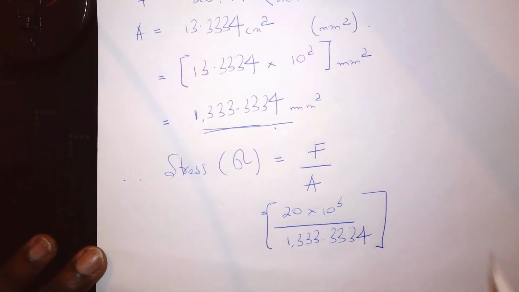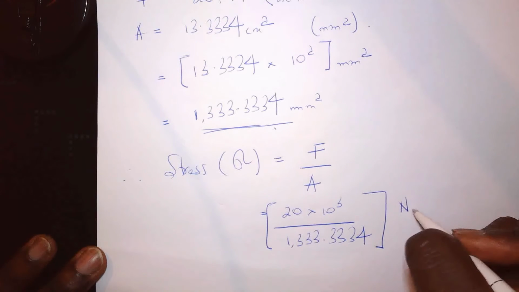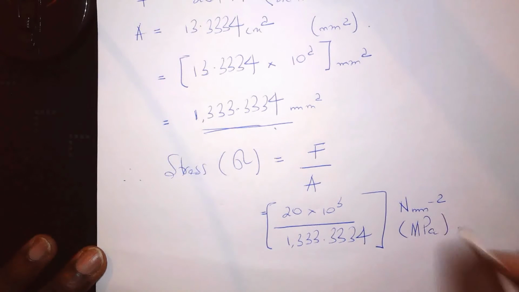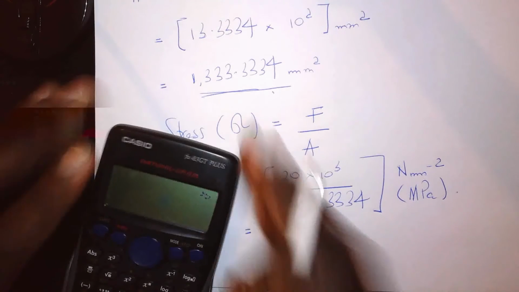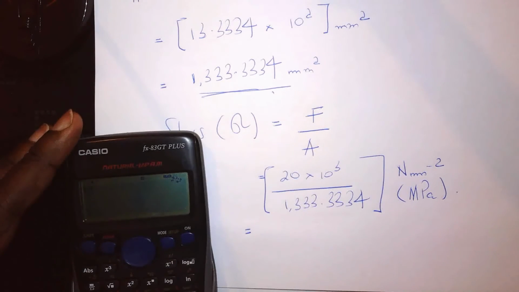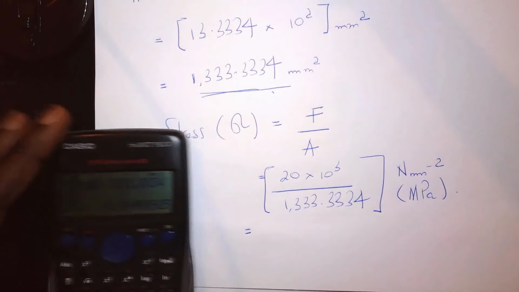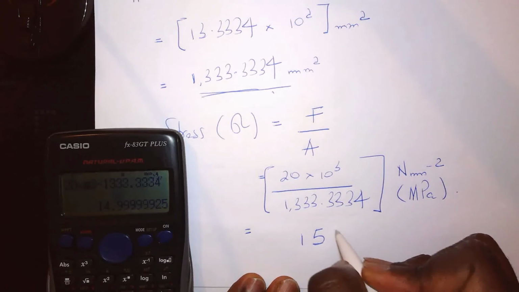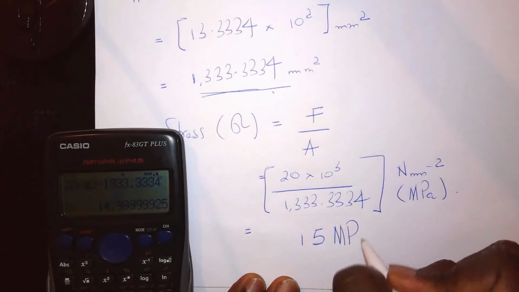We'll have this in Newton per millimeter squared, which from previous examples is the same as MPa. So let's get our handy calculator to calculate the stress. 20,000 divided by 1,333.3334 gives approximately 15 MPa.